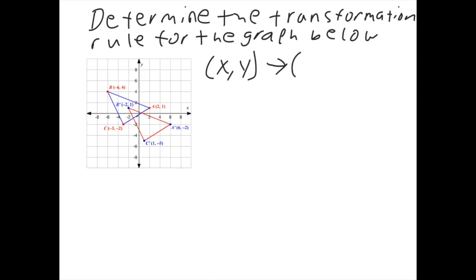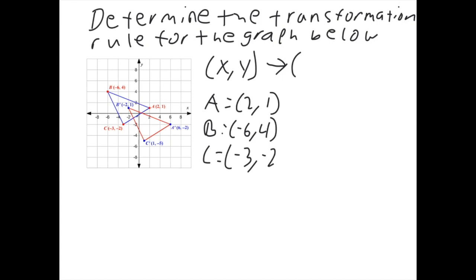So to start this, let's write down what points we have. A is the point 2, 1, B is the point -6, 4, and C is the point -3, -2.